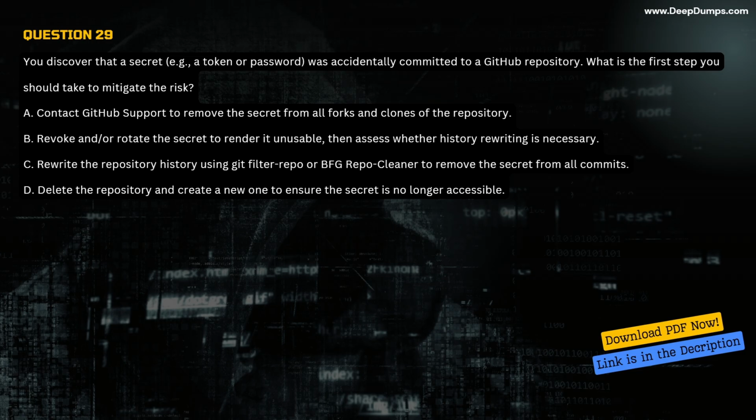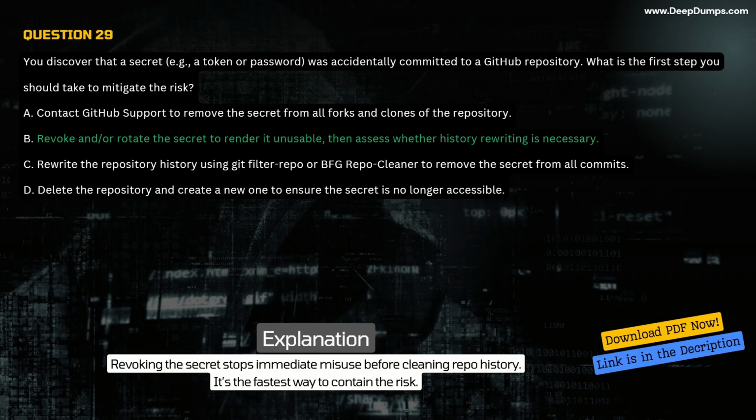C. Rewrite the repository history using Git filter repo or BFG repo cleaner to remove the secret from all commits. D. Delete the repository and create a new one to ensure the secret is no longer accessible. Correct answer B. Revoke and/or rotate the secret to render it unusable, then assess whether history rewriting is necessary. Explanation. Revoking the secret stops immediate misuse before cleaning repo history. It's the fastest way to contain the risk.